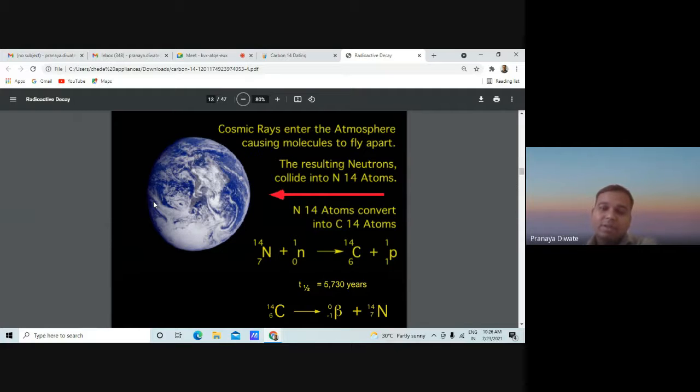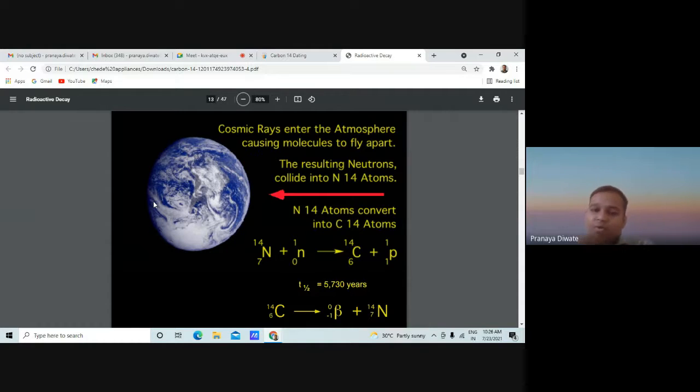That nitrogen collides with the cosmic ray, and the resulting neutron collides into the N-14 atoms. N-14 atoms convert into C-14 atoms. So you have N-14 with atomic number 7, which is converted to C-14 with atomic number 6.